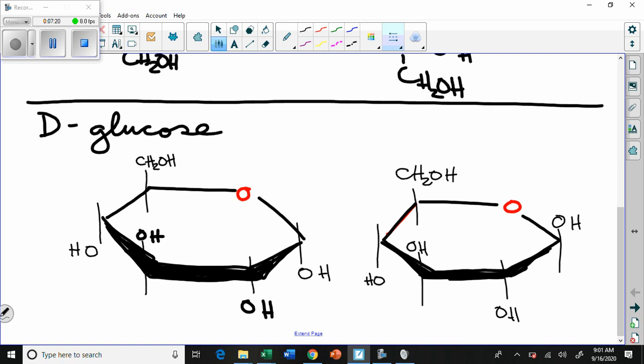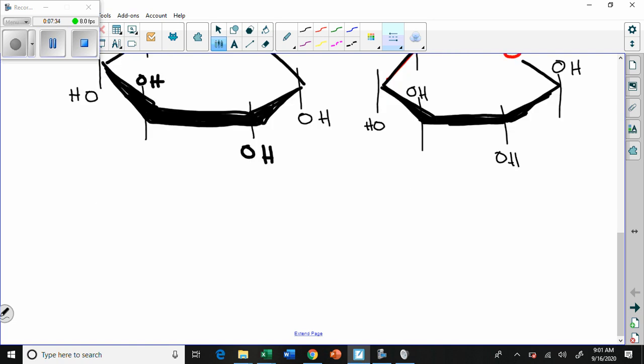So we can flip them all and make D and L glucose, or we can take glucose and just flip one and make these two versions. So there's like subgroups of isomers. And these two versions are called, when they're both on the bottom, alpha D glucose.